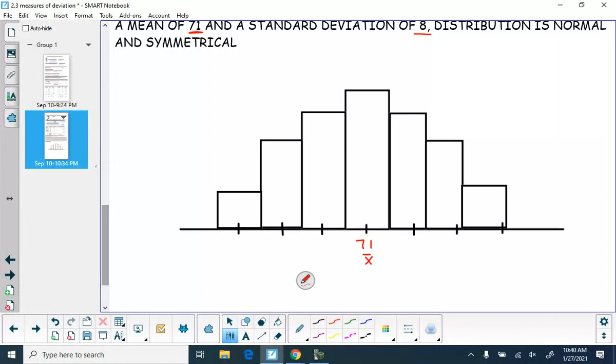My standard deviation is 8. So if I take our mean and add one standard deviation and subtract one standard deviation, we will go to 79 and 63.